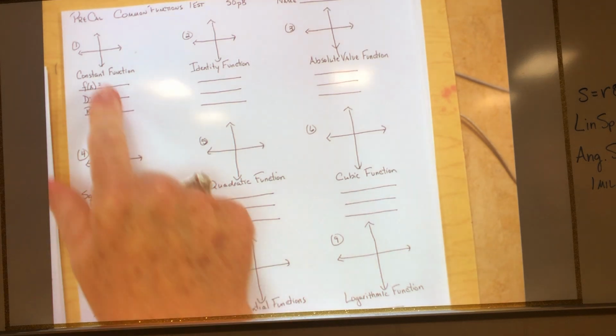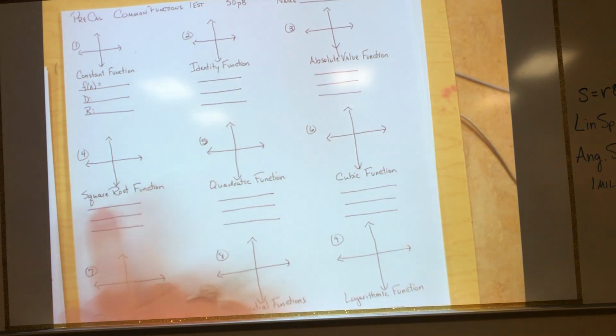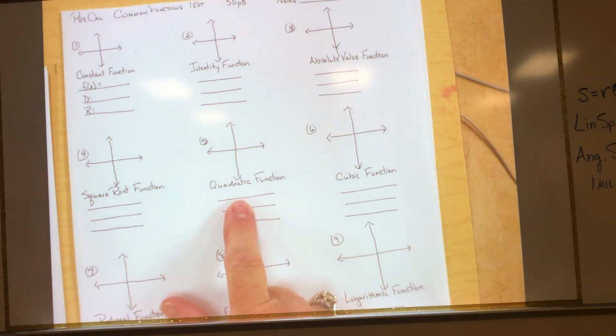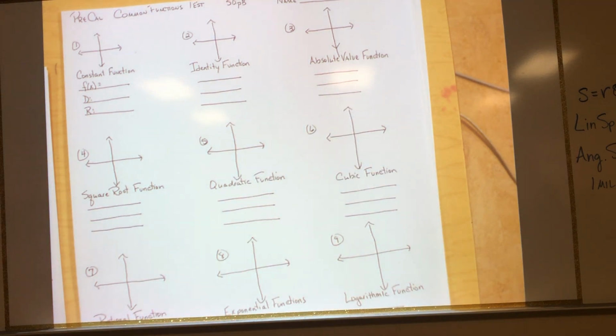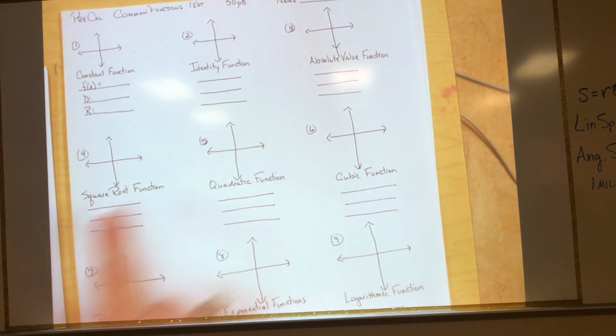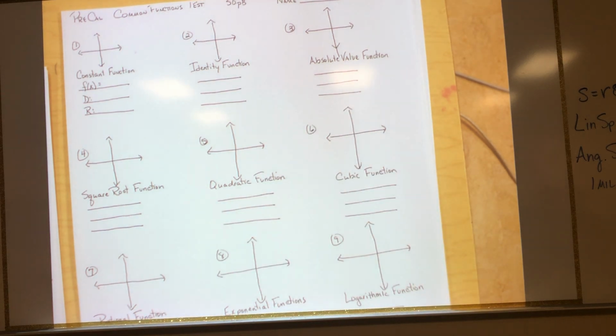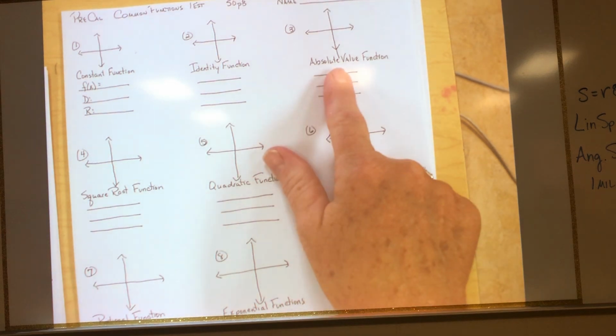So you're going to write constant function, identity, absolute value, square root, and quadratic. If you write constant, identity, absolute, square root, and quadratic, I will mark this one wrong. Does everybody understand? I don't care if you put the word function on it, but you can't write just part of it. It's not absolute, it's absolute value. Does everybody understand that?